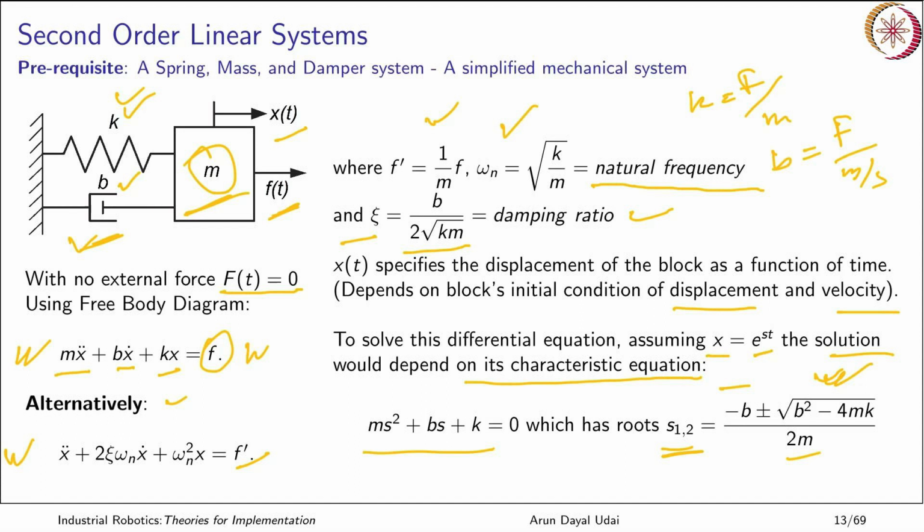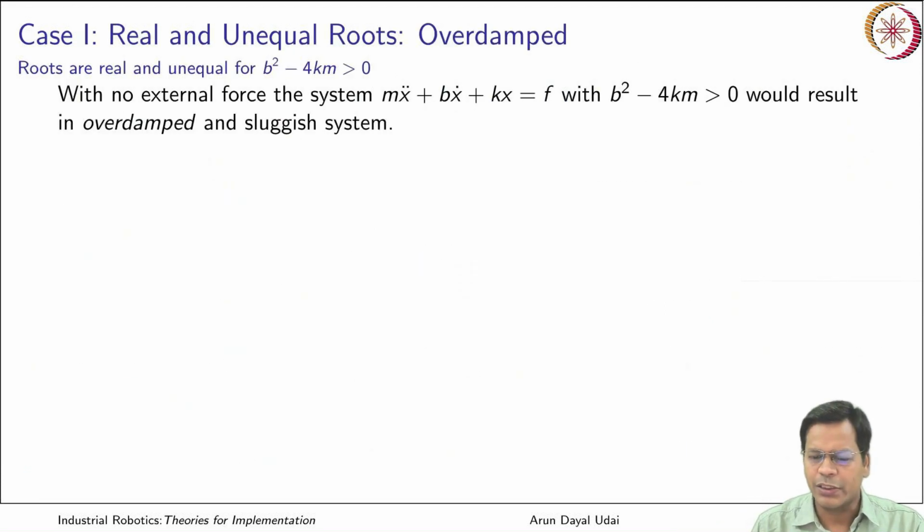Let us begin with different kinds of such systems. One such system could be an overdamped system, in which B is dominant, that is damping is dominant over the spring stiffness. So the roots are real and unequal.